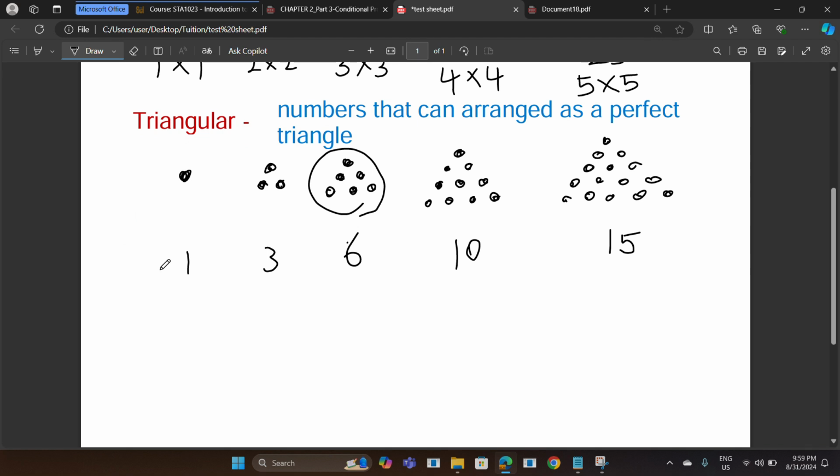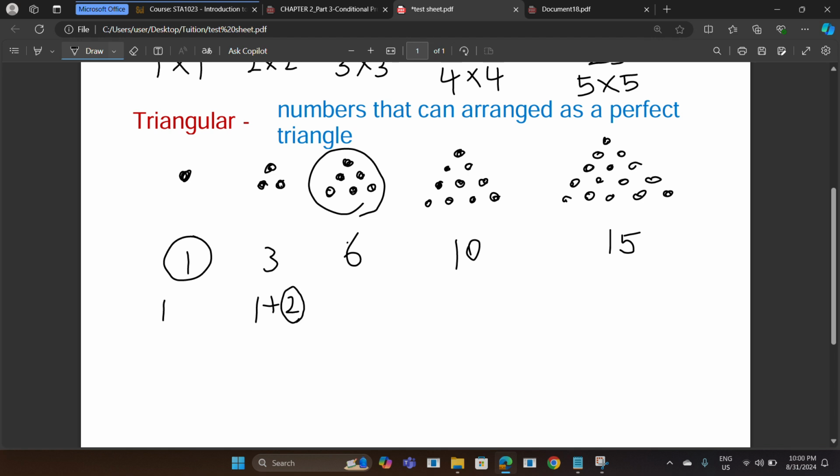Without drawing these dots, we can obtain the triangular numbers by adding up numbers till the stage number is met. The stage number is 1, the first triangular number, so we just write 1. In the second stage, we add numbers up to 2: 1 plus 2.